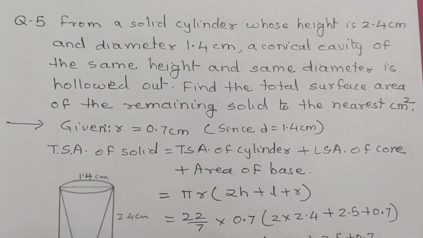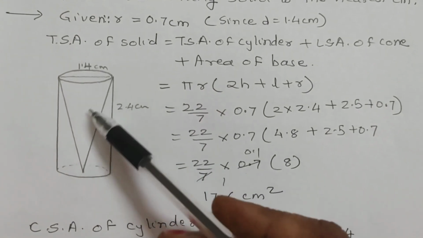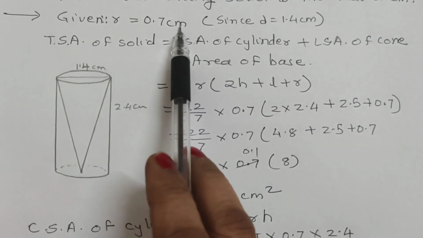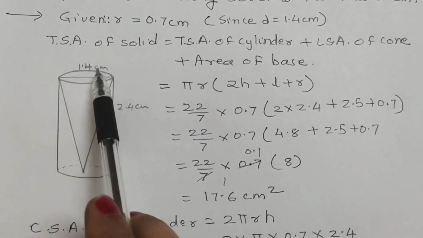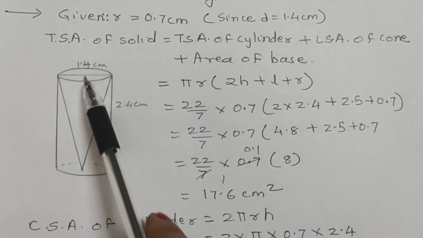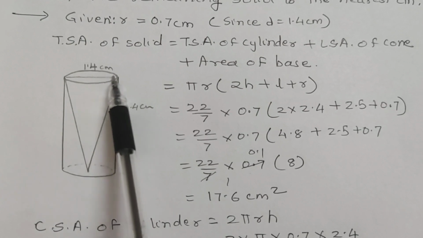So first you have to draw the figure. Now the figure we have drawn is like this. This is the groove. Given r is equal to 0.7, since the diameter is 1.4, 1.4 divided by 2 is 0.7. So the radius of the solid is 0.7 centimeter.